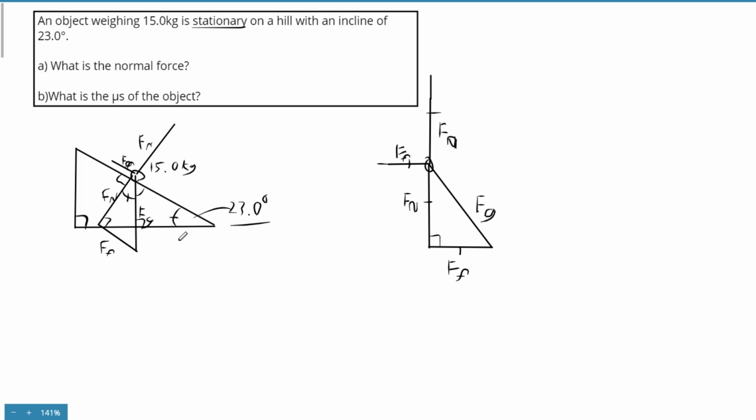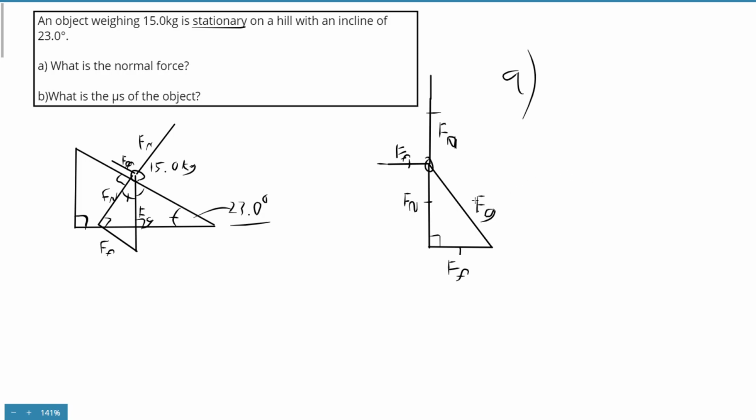So we don't even need to find this angle. This angle plus this angle equals 90, and this angle plus this angle also equals 90. So that means these two are the same angle. So now we can figure out the normal force from here.